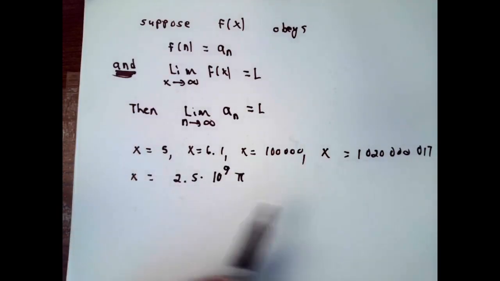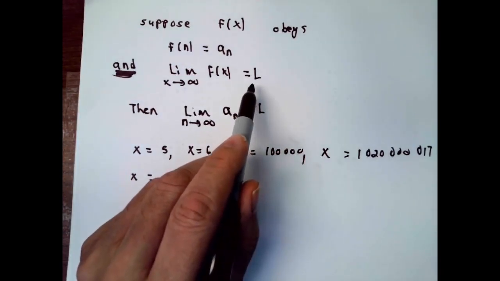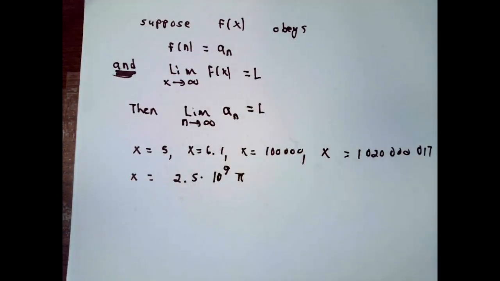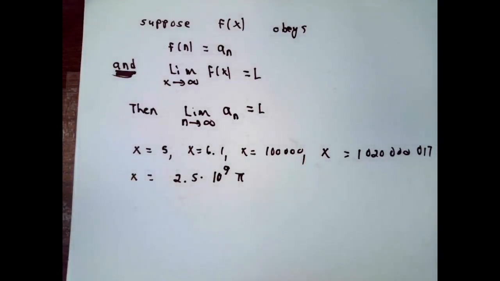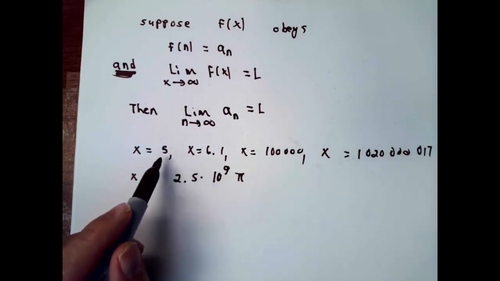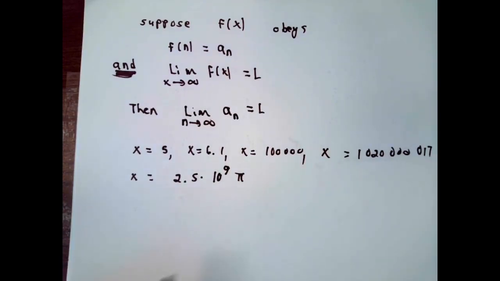Thinking about all of these x's, as the x becomes indefinitely big, f of x gets close to L. But amongst all of these different x's, there are some x's like 6.1 and 2.5 billion times pi, which are not whole numbers, but there are also 5 and 1,020,017.